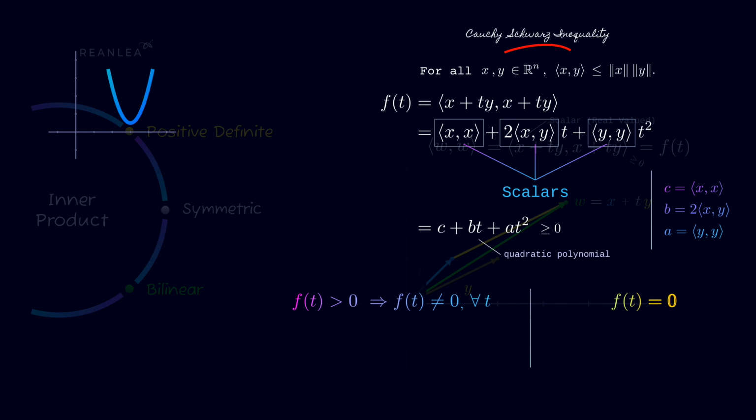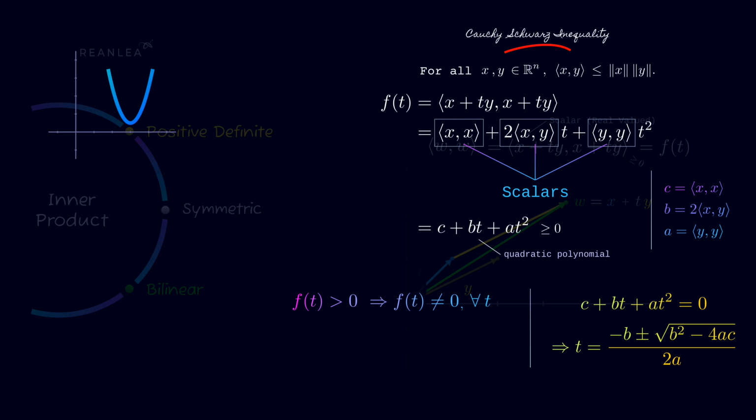Now f(t) equal to 0 implies c plus bt plus at squared is 0. And from here, by Sridharacharya's theorem, we get t equals minus b plus or minus the square root of b squared minus 4ac, all over 2a, where t is the value for which f is 0, that is, t is a root of f(t).